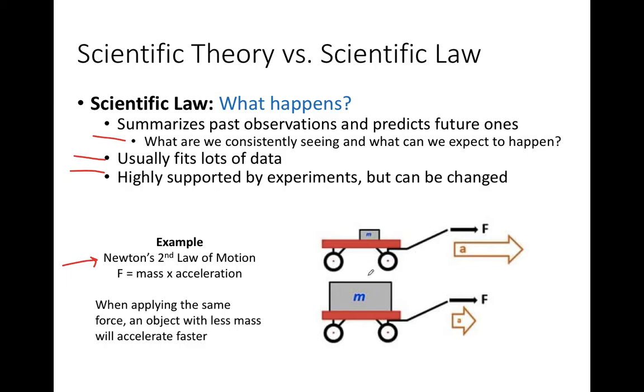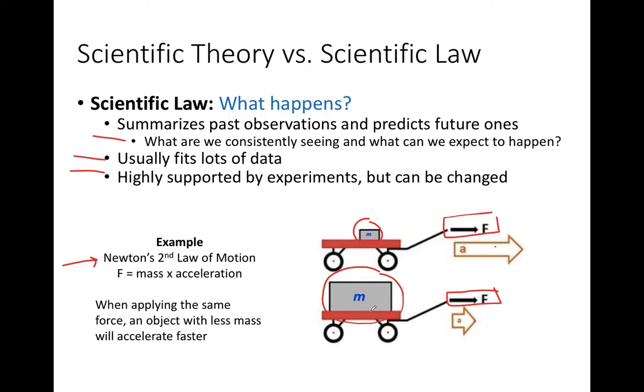So if I compare these two masses and I apply the same force pulling on those masses, we all know that a smaller mass can be pulled at a higher acceleration than something with a larger mass. How fast something can accelerate depends on the mass.